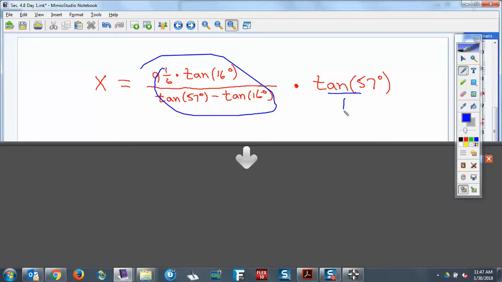Now we're going to need to put the parentheses in there. We're going to divide by this quantity, so left paren, tan 57 minus tan 16, right paren, and hit equals. What do we get?